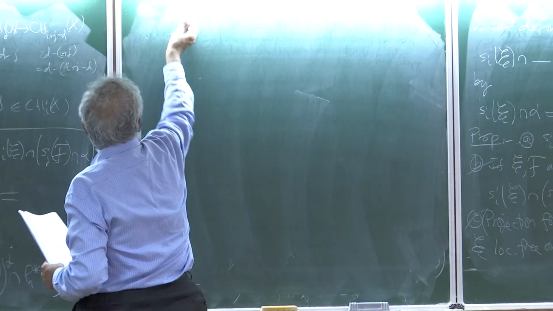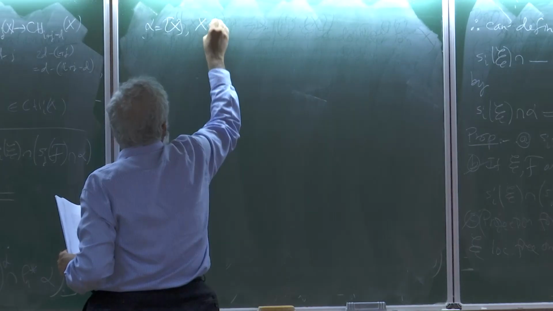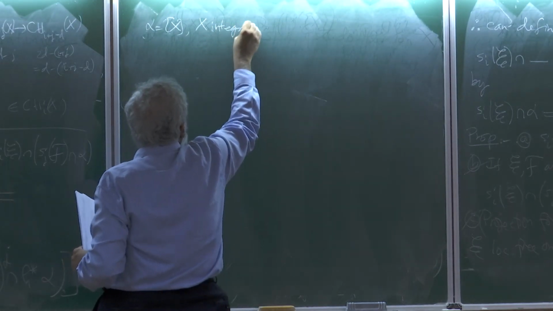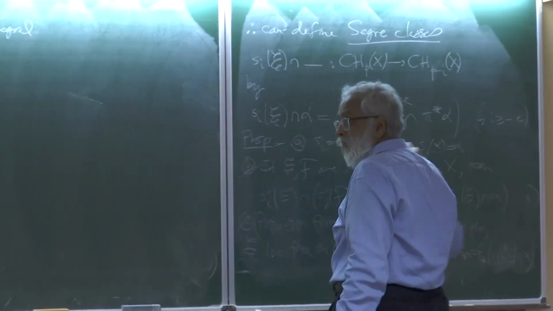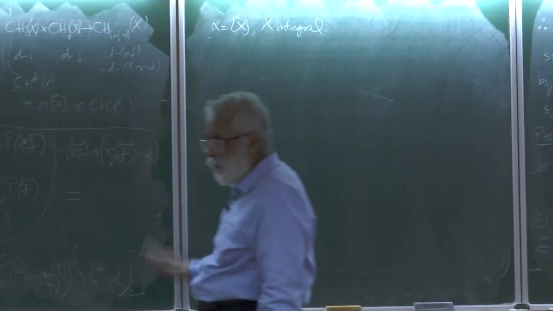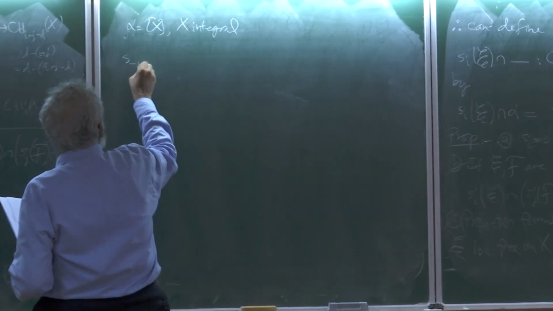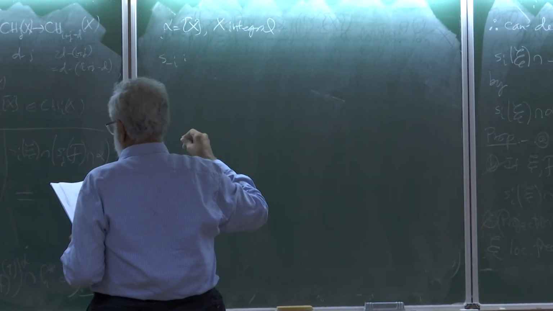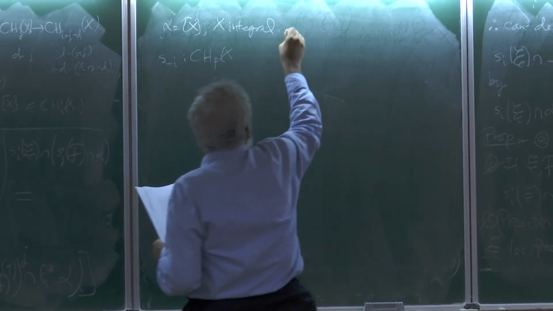Well, so I might as well take alpha equal to the class of X, the X integral. I want to say something about the operator applied to alpha. So we reduce to this case. Now, what kind of operation is S_{-i}?